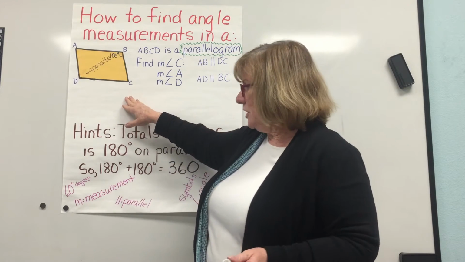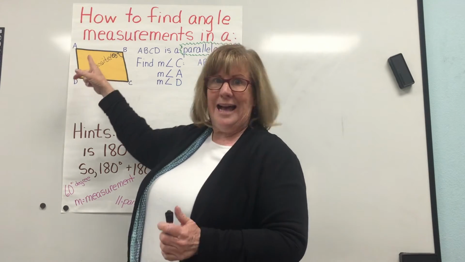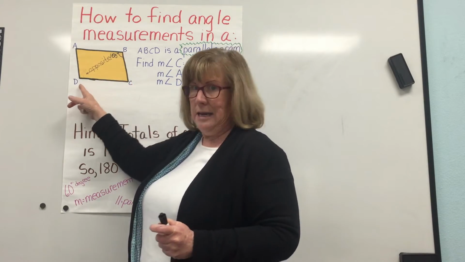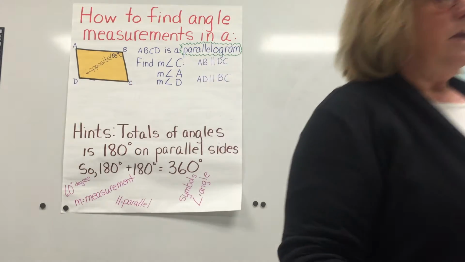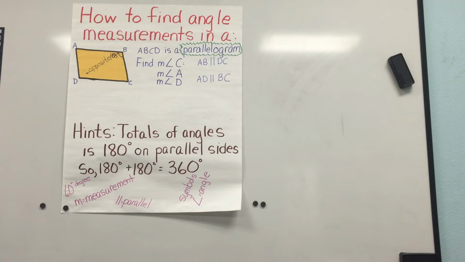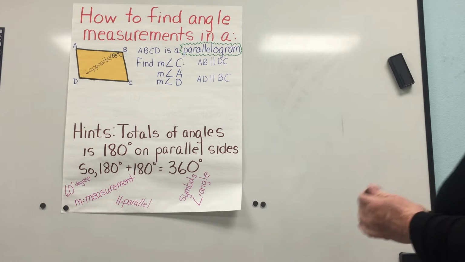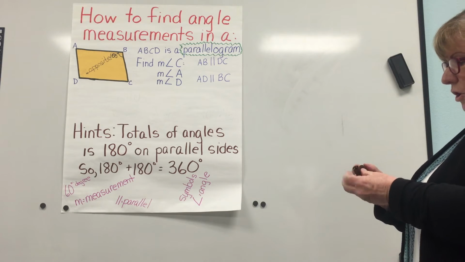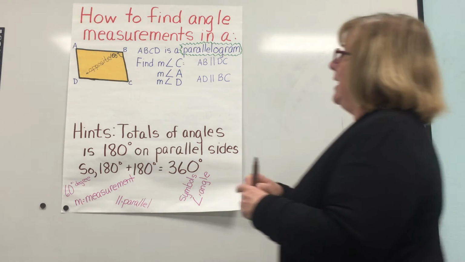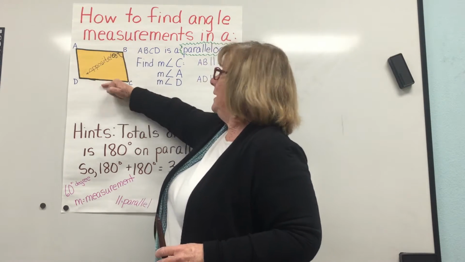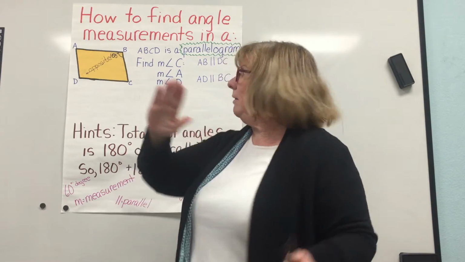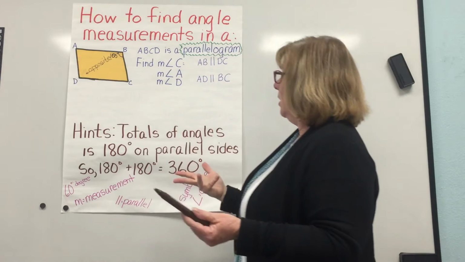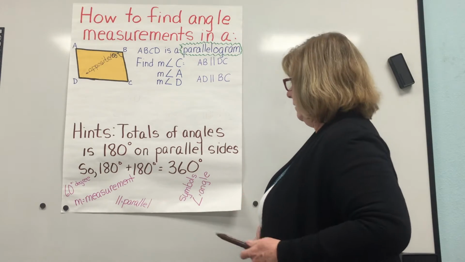Again, this is going to be referred to as figure A, B, C, D. Okay, so I want you to just take a look at that particular figure here. See what you can find. We know that it's a parallelogram. Top and bottom lines are parallel. B and C, A and D are also parallel.